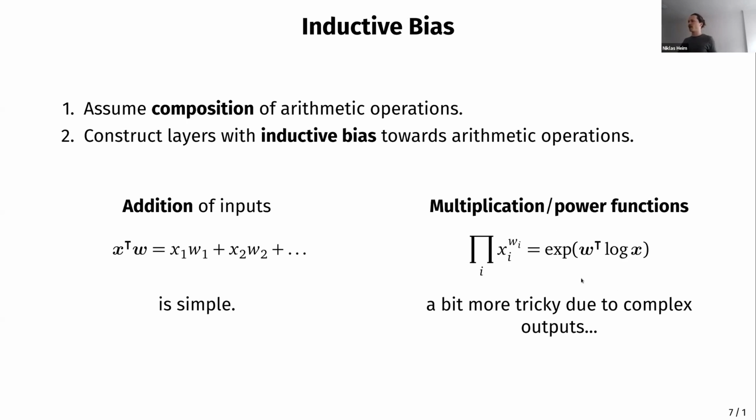And typically in neural arithmetic layers, this is represented with this x block trick. And you can already see that this will be a bit, well, complicated because I'm going to get complex outputs from this logarithm if my input is negative.